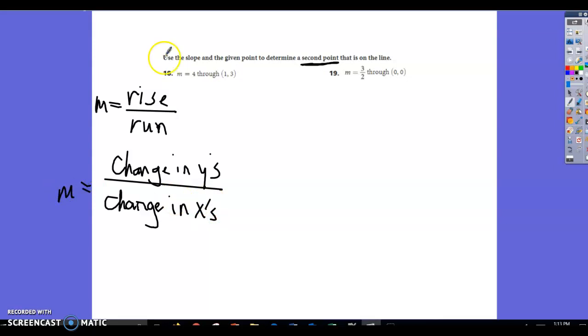All right, so to find the second point for number 18, our slope is rise over run. Our slope is 4, but if we put anything over 1, that's still going to be the same thing. And we're starting with our point 1, 3.